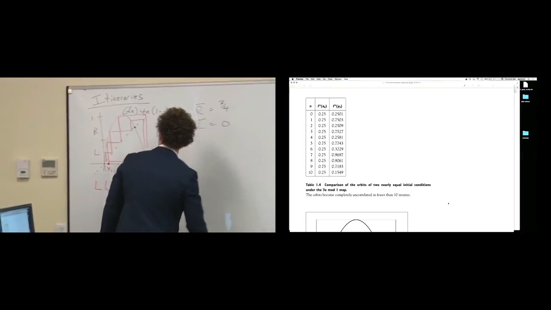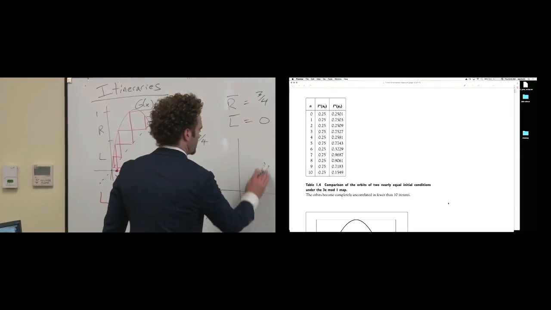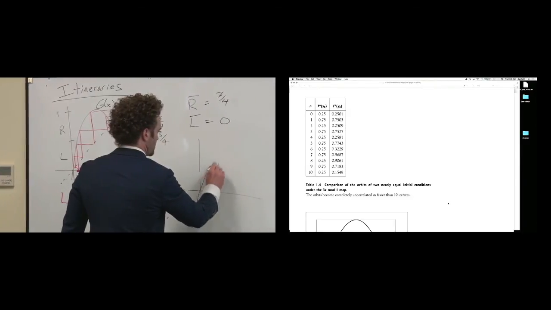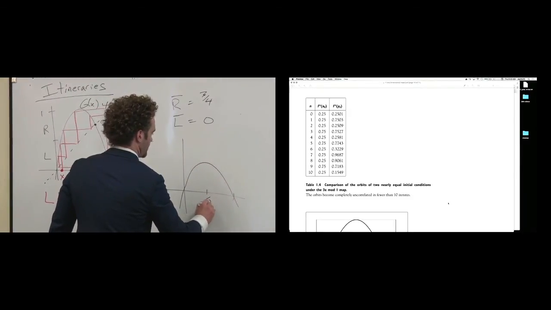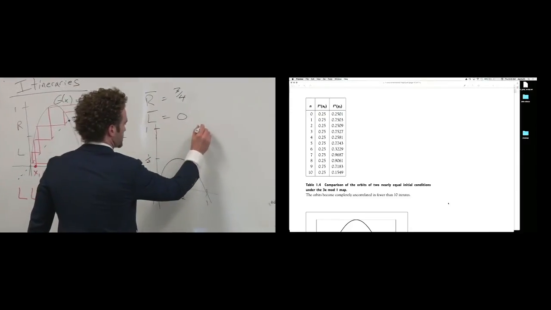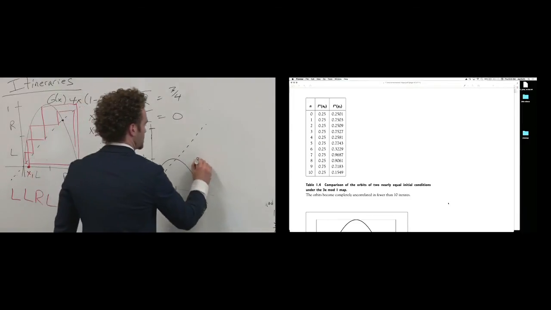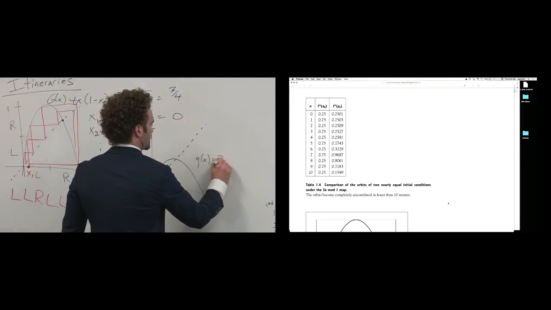So we've now done this for a few examples for the logistic map. Remember, the one we looked at the first day of class had a parameter, not a half. This function was little g, 2x(1 minus x).